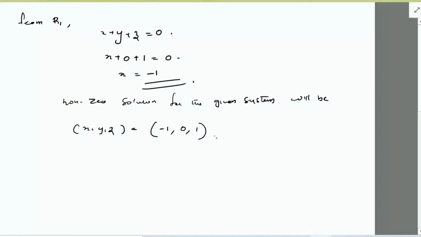So actually this system has infinitely many solutions. We just found one such solution: x, y, z equal to minus 1, 0, 1. If we substitute z as 2, we will get another solution. If we substitute z as 3, we will get another solution.